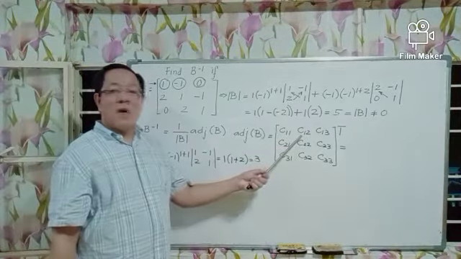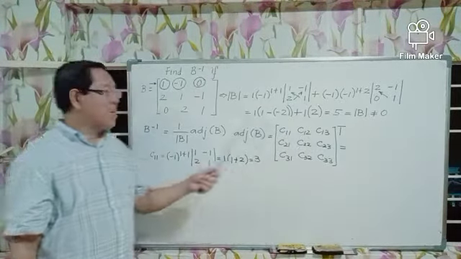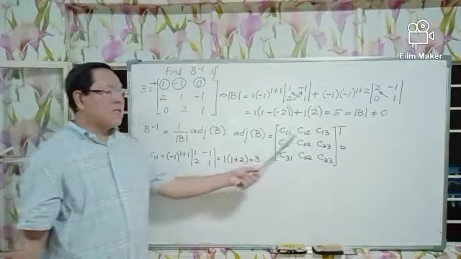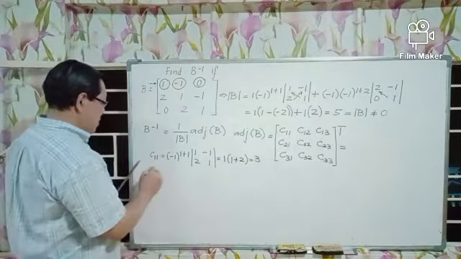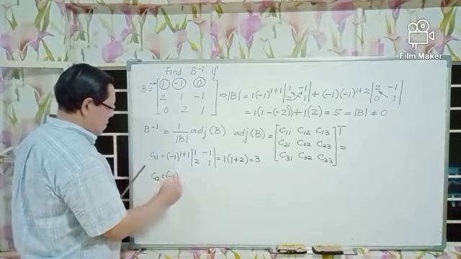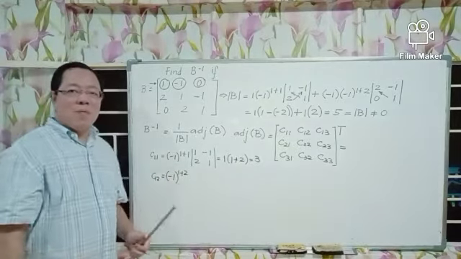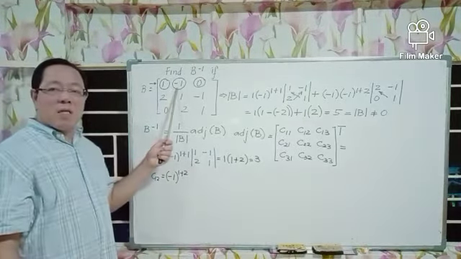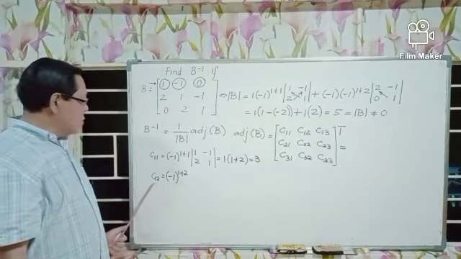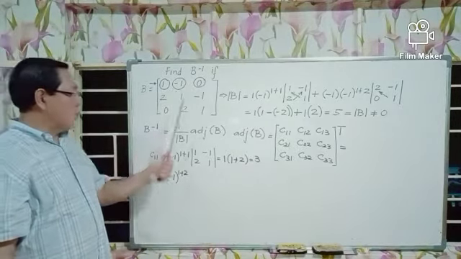Next, we find the cofactor of the entry in the first row and second column of matrix B, or the cofactor of minus 1, denoted by C sub 1, 2. And the cofactor of the entry minus 1 in the first row and second column is equal to negative 1 raised to the sum of the row number and column number of negative 1.